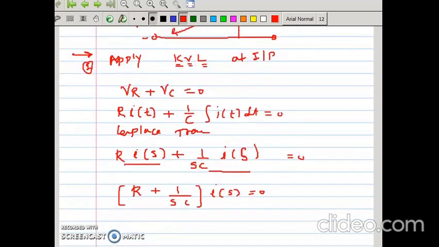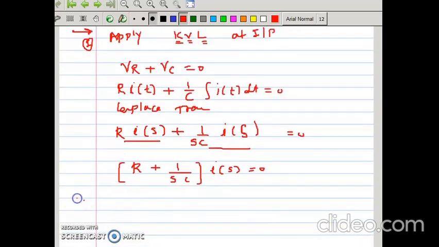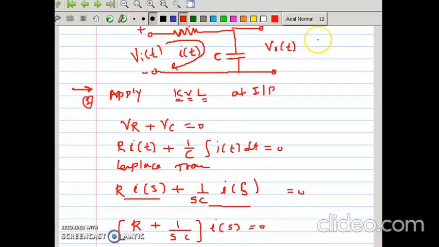Now let's move on to the second step. What do we do in the second step? We apply KVL at the output loop. So as we see in the output loop, this is starting with positive, this is negative, so positive to negative is the direction of current, and current is again I of t only, right?